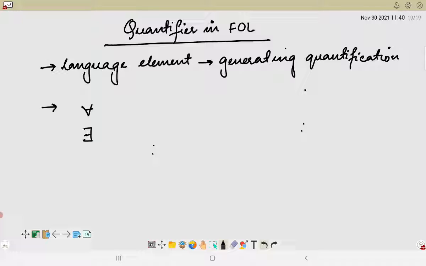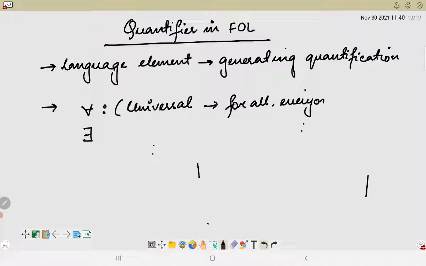The first one we will consider as the universal quantifier, and it can also be said as for all, everyone, or everything.